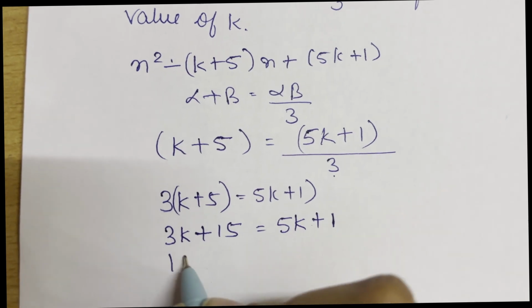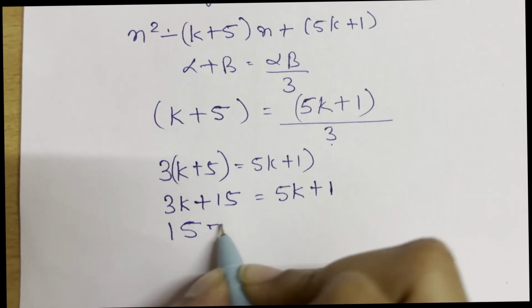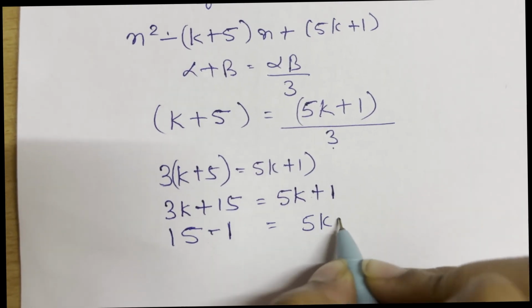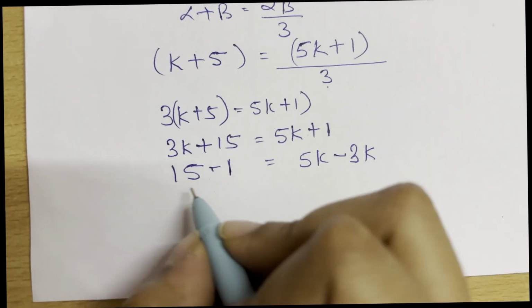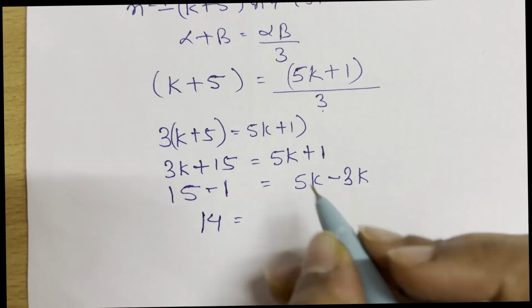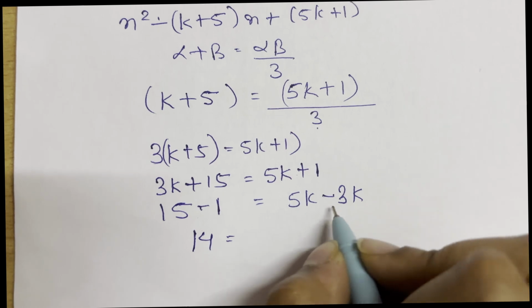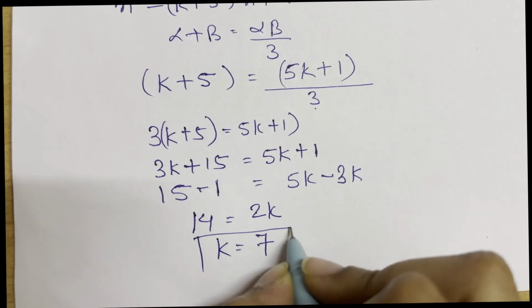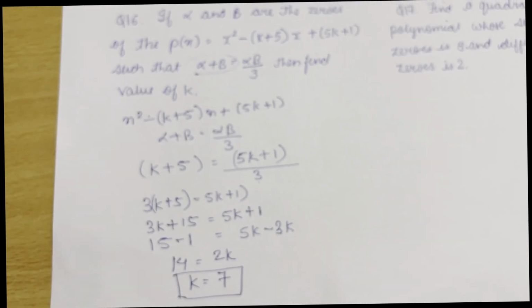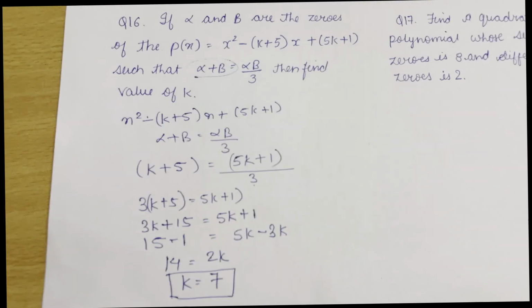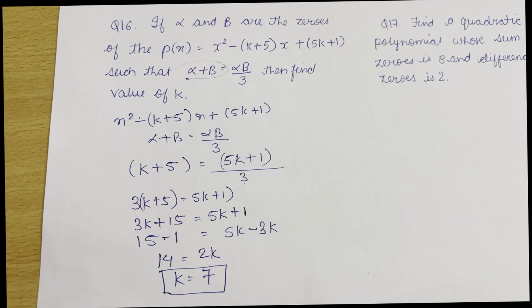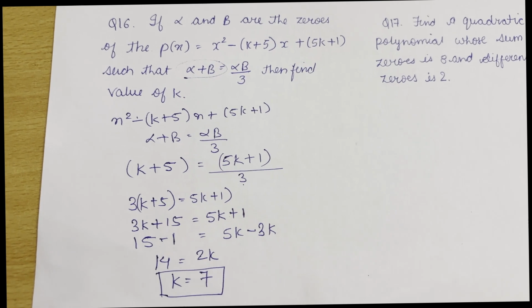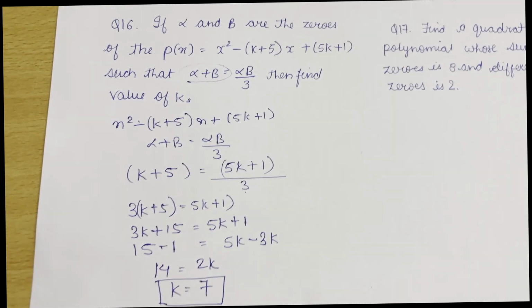On solving it, 15 minus 1 is equal to 5k minus 3k. 15 minus 1 is 14, and 5k minus 3k is 2k. So k is equal to 7, and that's the solution of this question. The value of k is 7, and that was asked of us.